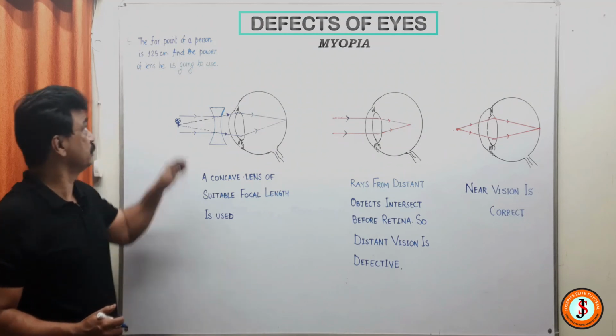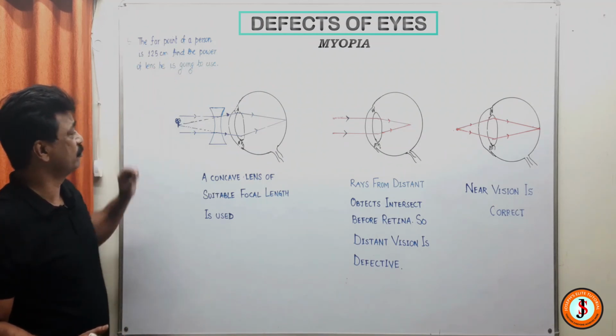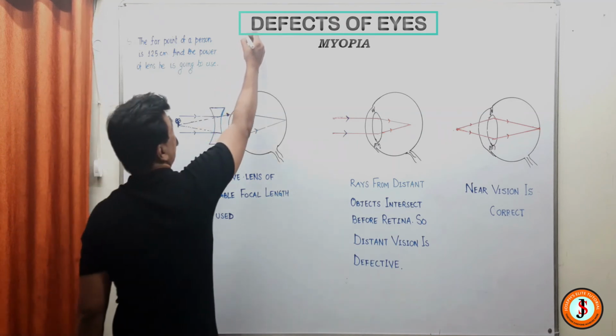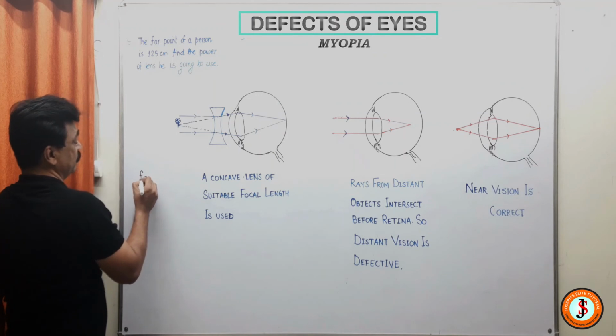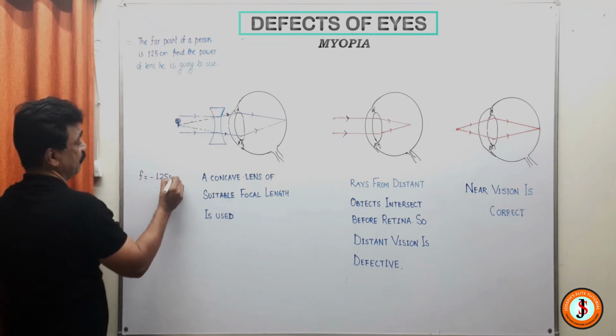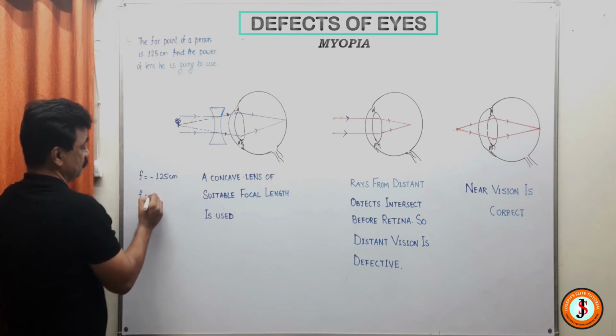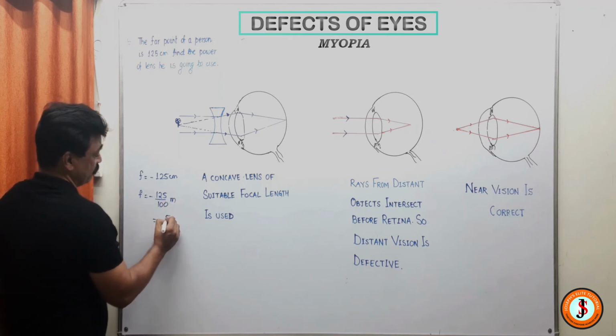Now have a look, there is a numerical. The far point of a person is 125 centimeter. Find the power of the lens. First we will take out the focal length. Focal length is minus 125 centimeter, that is minus 125 by 100 of a meter, which is minus 5 by 4 meter.